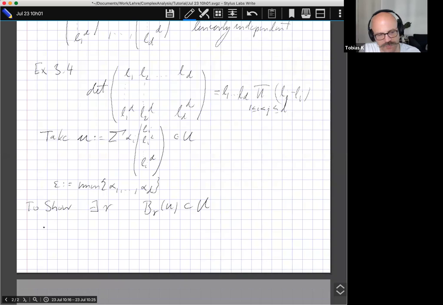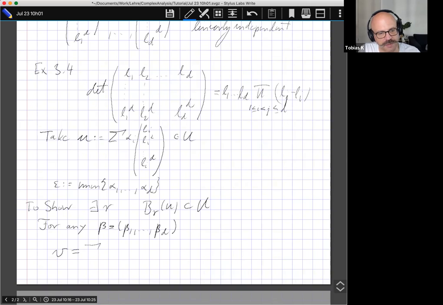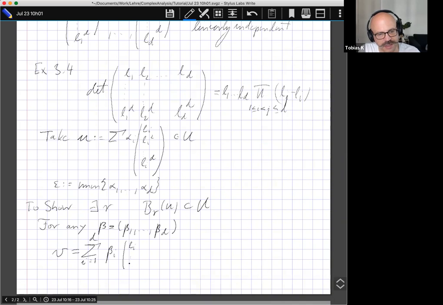Now, for this, we need some control over the lengths of vectors. So assume I have a vector. I make no difference between row and column vectors. So assume I have a vector beta_1 to beta_d, and I define V as the sum i equal 1 to d of beta_i and then I have here the vector li to li^d.